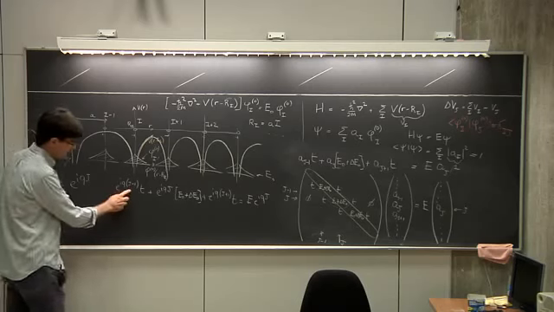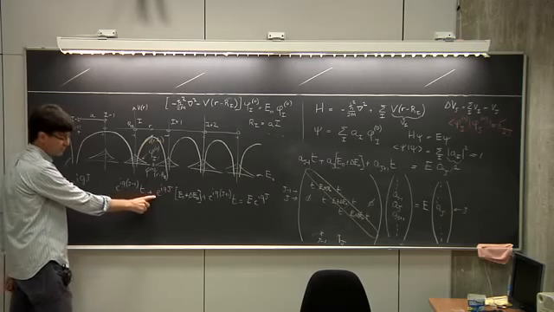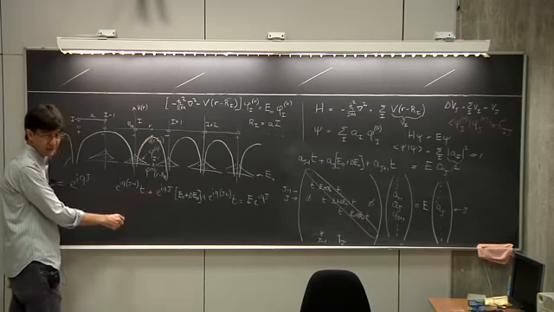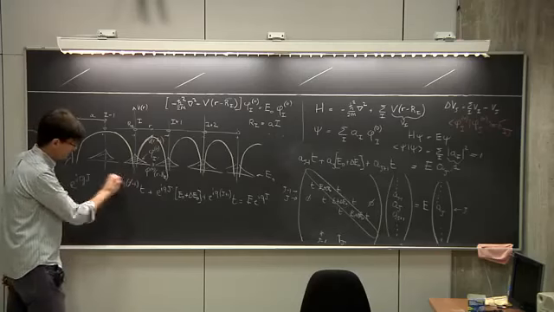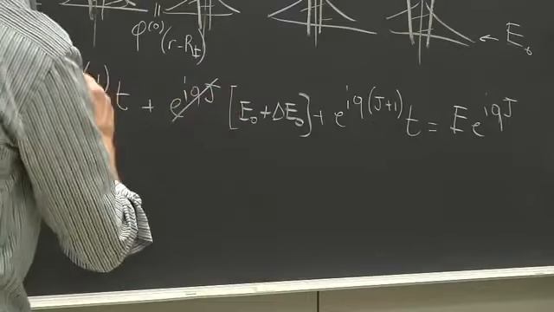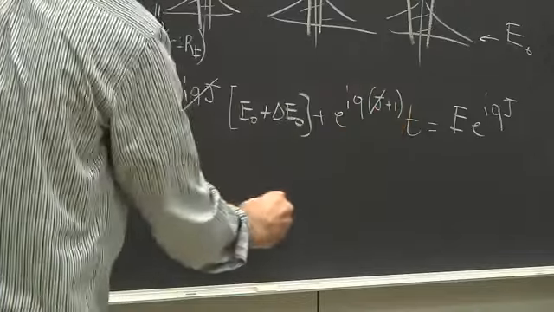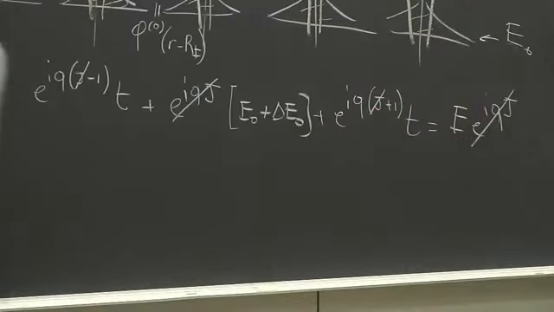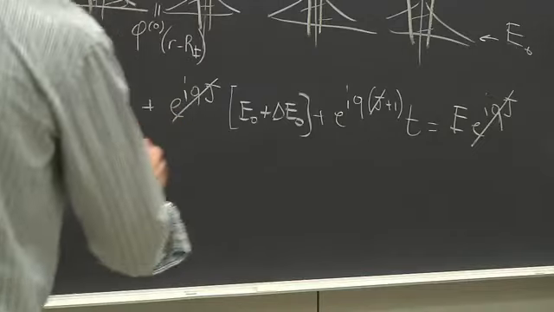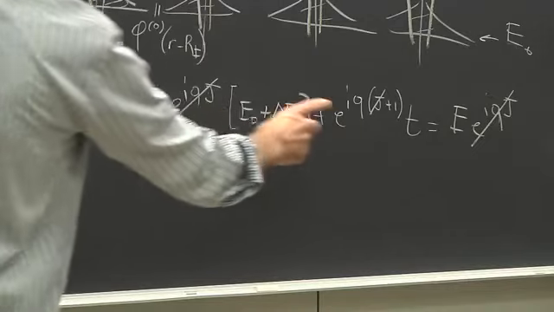Okay, here I can clearly simplify this equation because I can remove e to the iqj everywhere. This disappears, this disappears, this disappears, this one disappears. Okay, I'm removing e to the iqj everywhere. And what I'm left with, actually, let me group now terms.